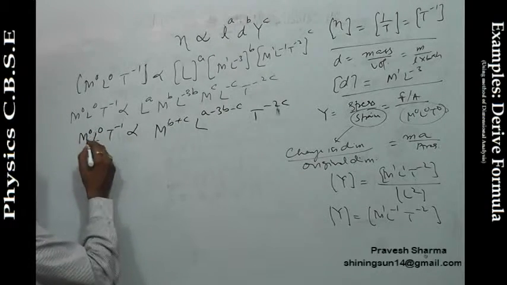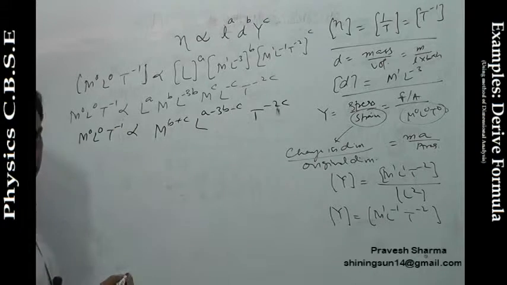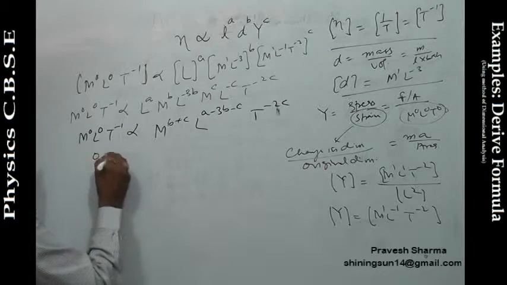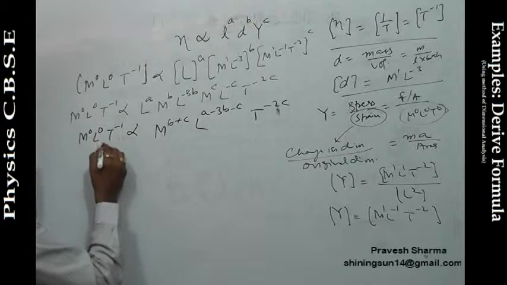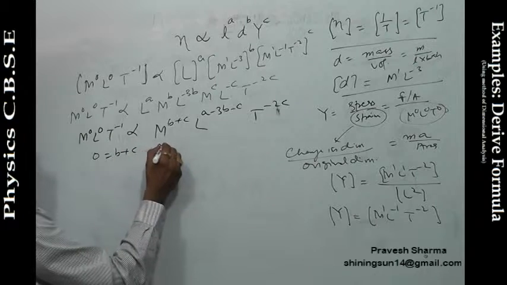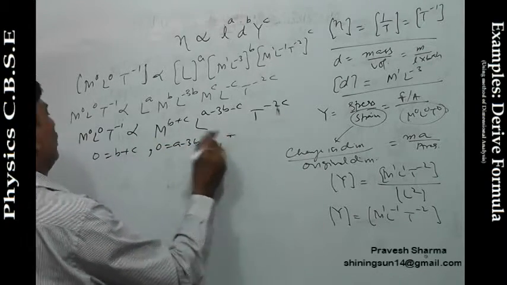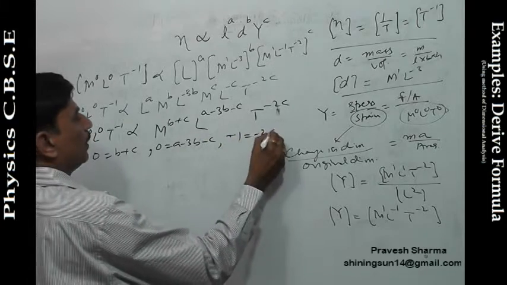Powers of M, L, and T should be equal. So equating the powers of M, 0 is equal to B plus C. For L, 0 is equal to A minus 3B minus C. And for T, minus 1 is equal to minus 2C.